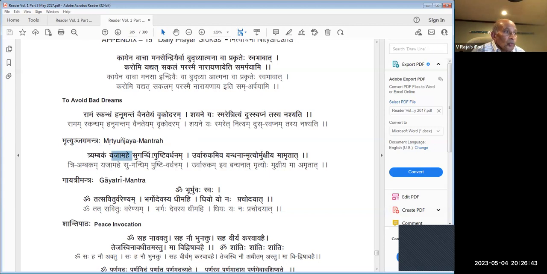And you worship him, he gives good boons, and the boons will help you pushti vardhanam, improving your wealth, whatever wealth you are asking for. Then Urva, you are praying to him. Why are you praying to him? Urvarukam iva.